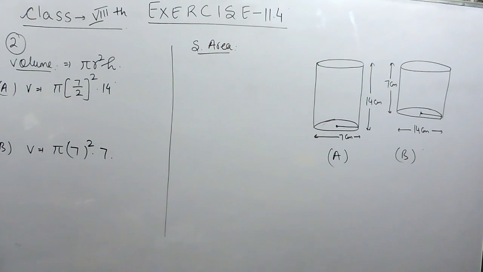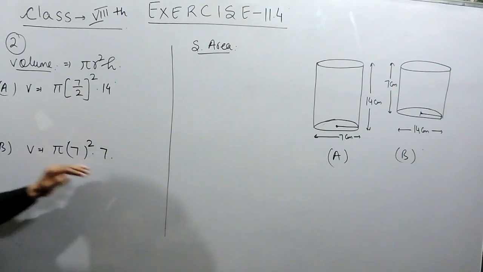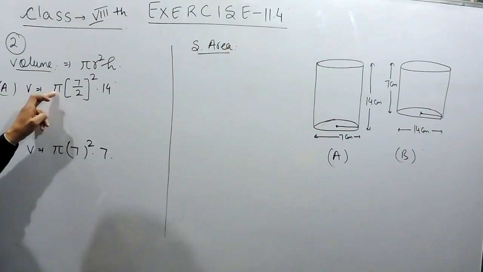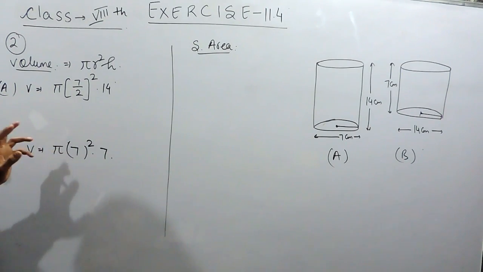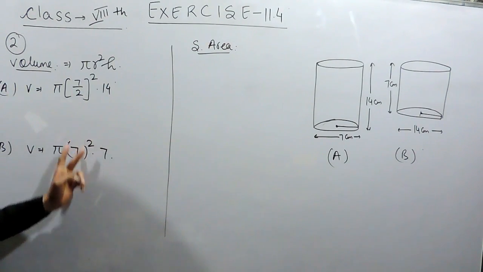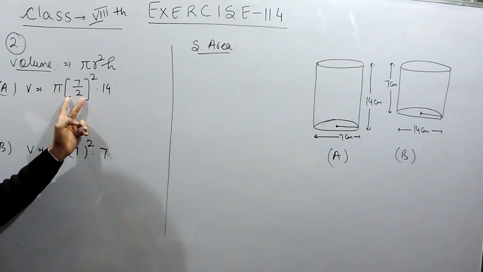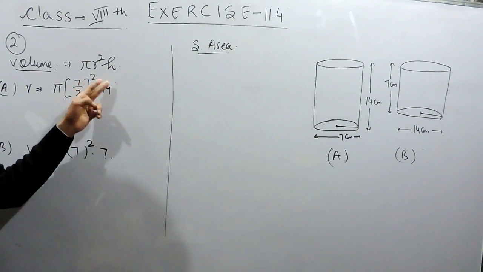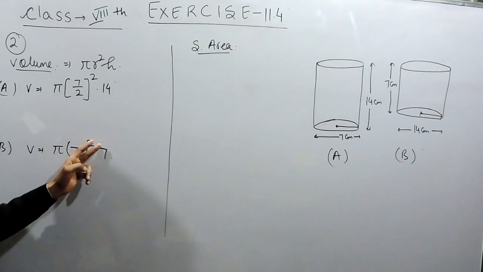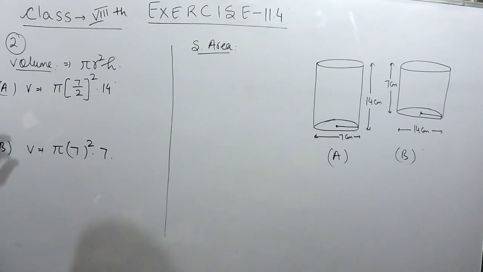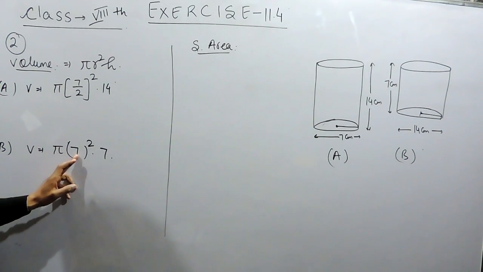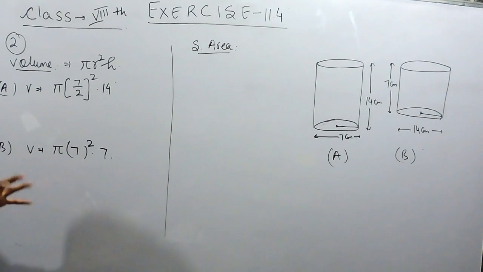So first of all you have to find the cylinder whose volume is greater without calculating it. So if I look at this volume and this volume, clearly this pi is constant. So the volume will depend on this radius, because here there is radius square, means this radius will be multiplied 2 times, and here this radius will be multiplied 2 times. So clearly we can say that the cylinder having greater radius will have greater volume.